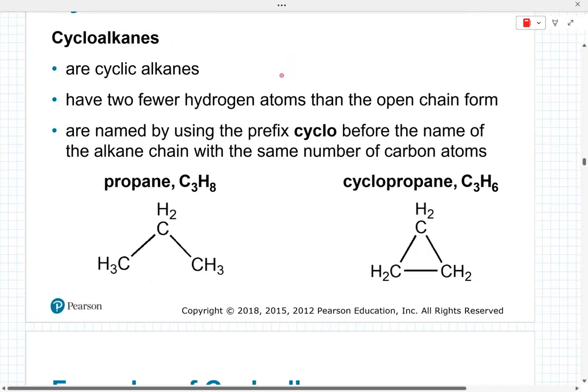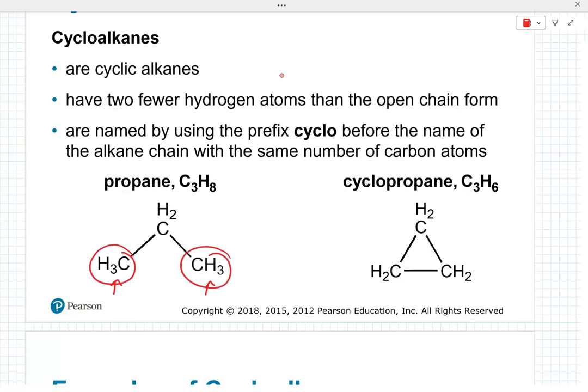Now, cycloalkanes. So basically, you can think of it this way. These carbons each form bonds with 3 hydrogens. Now, if each of these carbons gives up 1 hydrogen, so giving up a total of 2, hear me out: if this carbon and this carbon give up one hydrogen, they have an opportunity to form a bond between themselves.